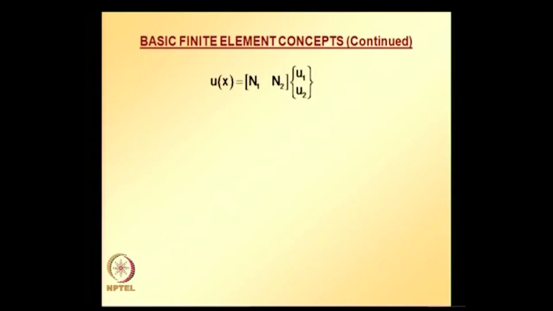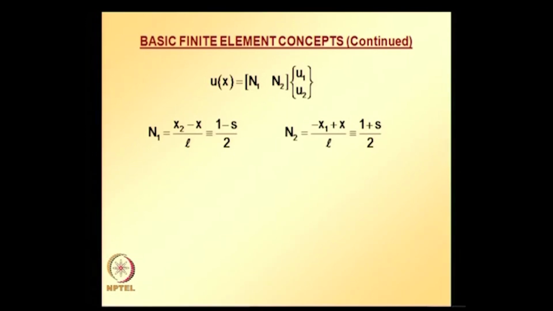And now the trial solution N1 u1 plus N2 u2 can be put in this matrix and vector form like this. You know from previous lecture, you know N1 is nothing but (x2 minus x) over L for a 2 node element.